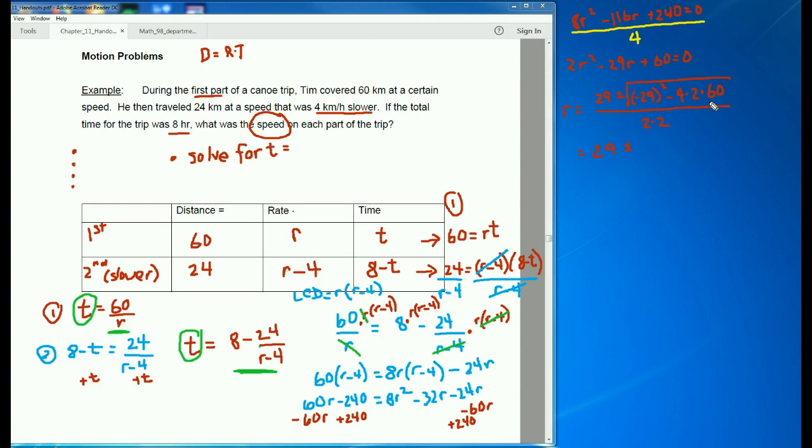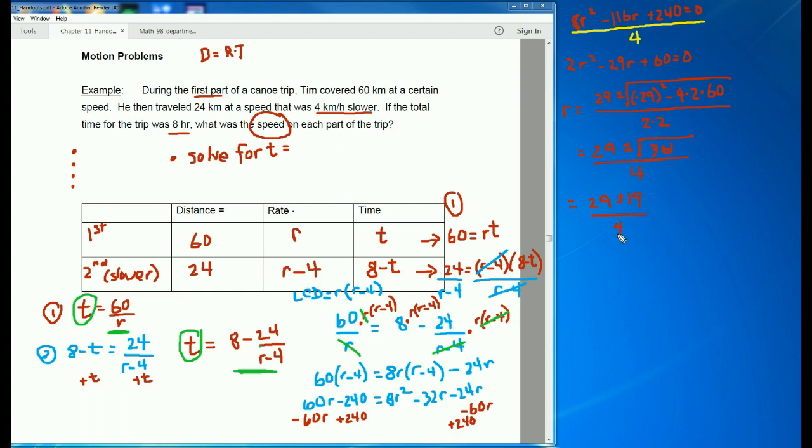So 841 minus 480 is equal to 361. All of that divided by 4. Okay, the square root of 361 is 19. So 29 plus or minus 19, divided by 4.